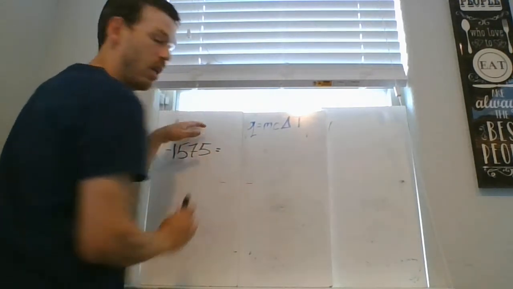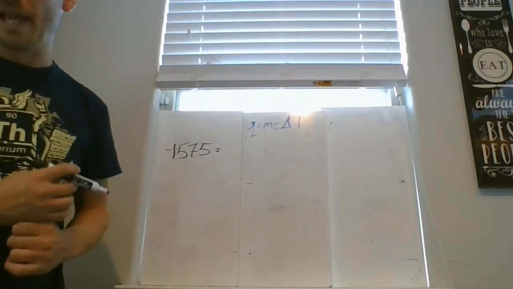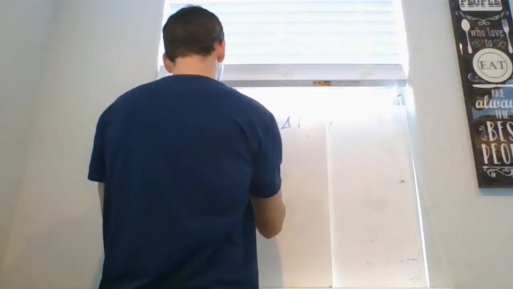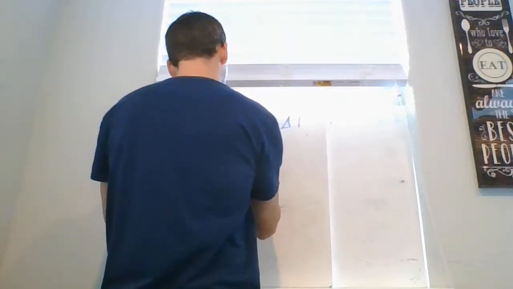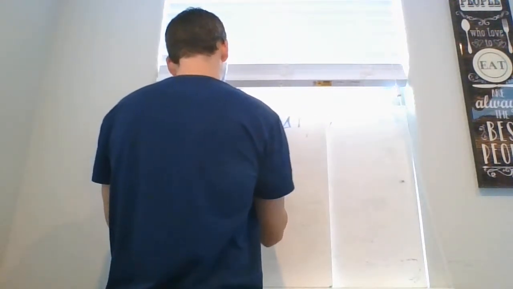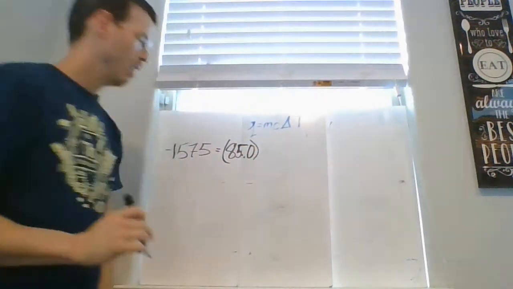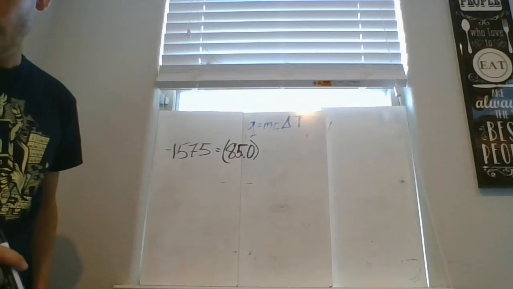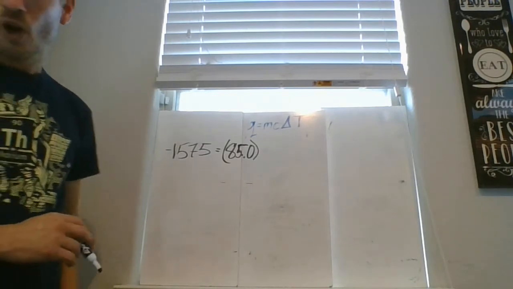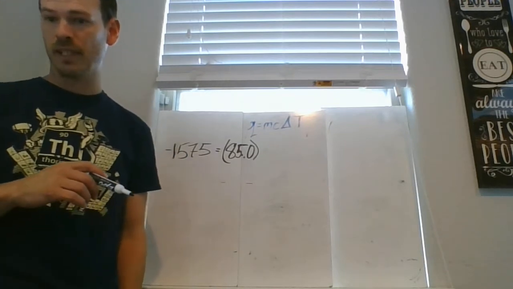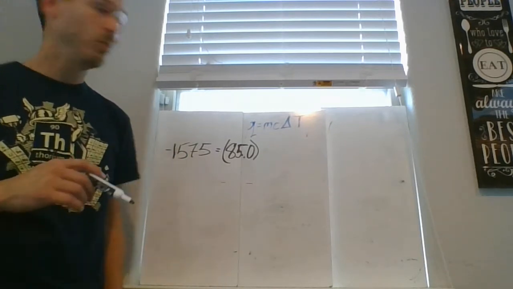But that's your Q. If I look through the problem, it does give me a mass of 85.0 grams. Grams is good, those are the units that you want. C is the specific heat, and if we look in the problem, we've got a specific heat given to us of 2.4.